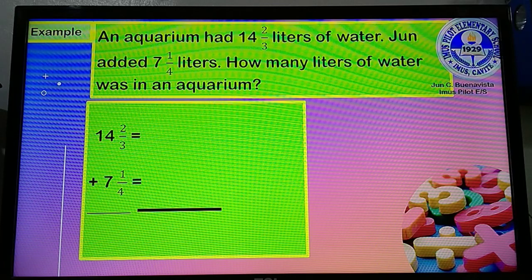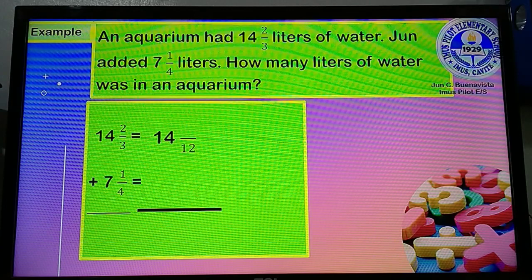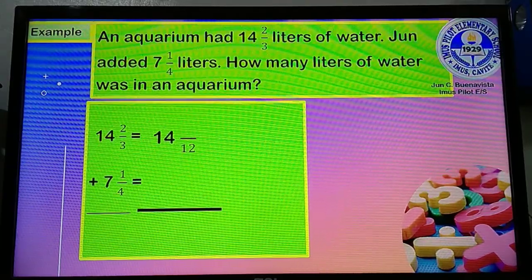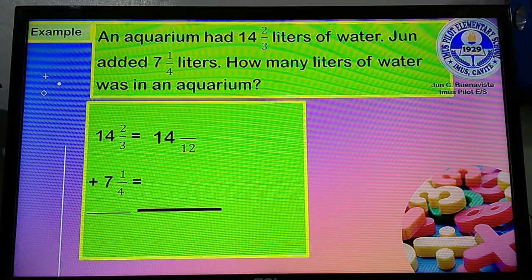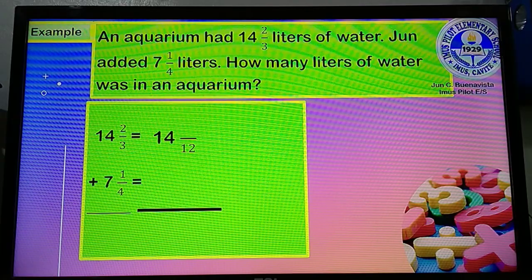So that is the LCD now, 12. So again, in changing the fraction into a similar fraction, you are going to copy only the whole number. It has nothing to do with changing to a similar fraction. It will not be decreased or increased. Only the numerator and the denominator change, not the whole number.